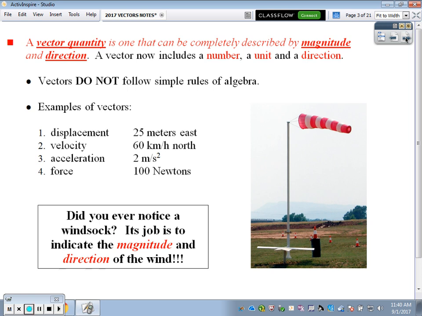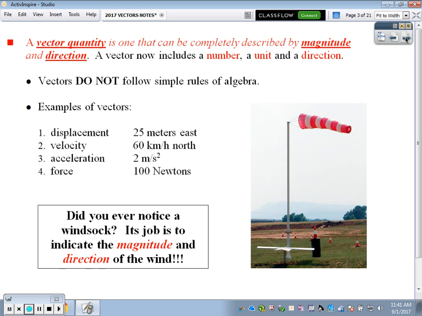When we talk about speed, speed in a given direction is no longer going to be called speed. When it becomes that vector quantity and we add the directional component to it, we talk about that as a velocity. So instead of the 60 kilometers per hour, we have to have a direction associated with it, 60 kilometers per hour north.